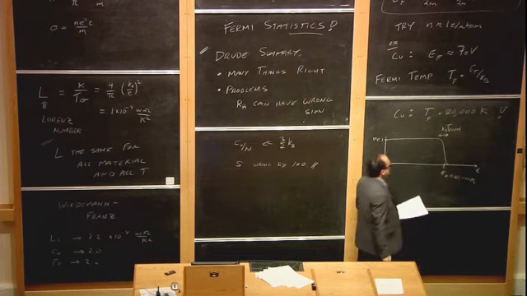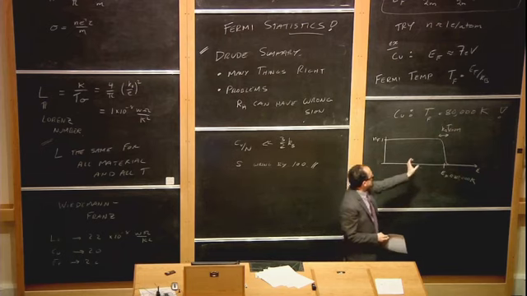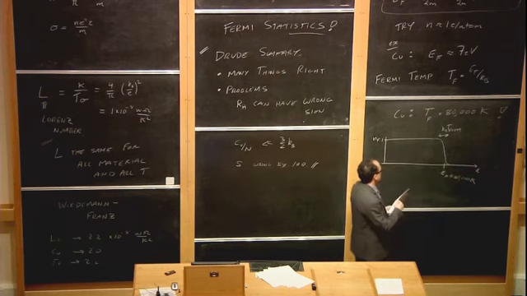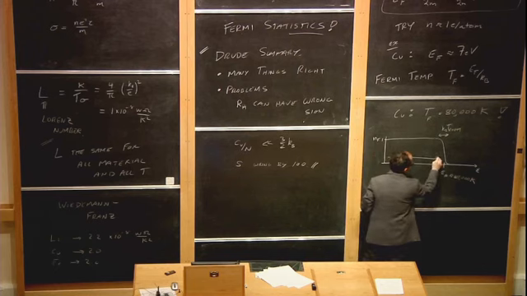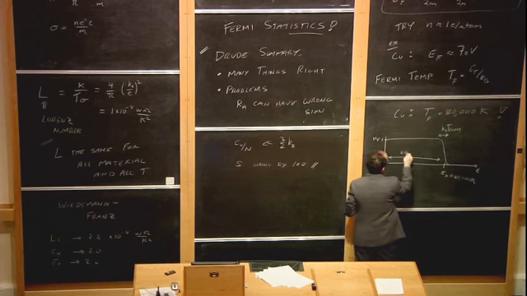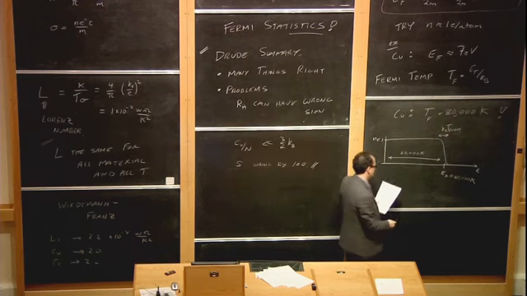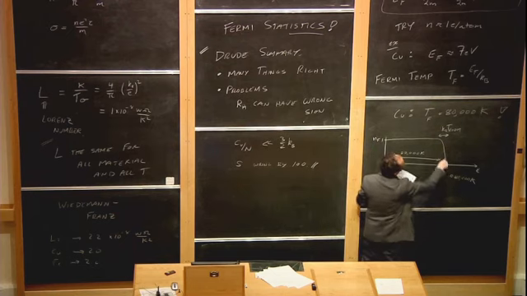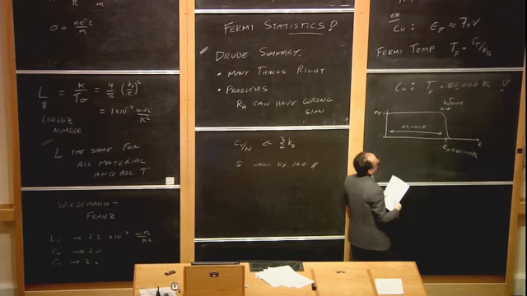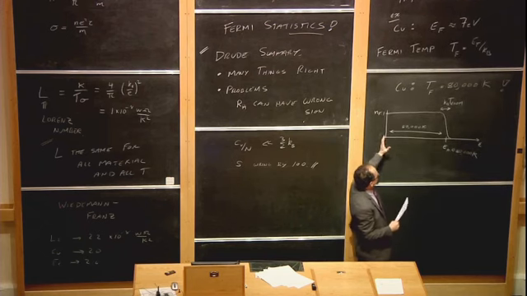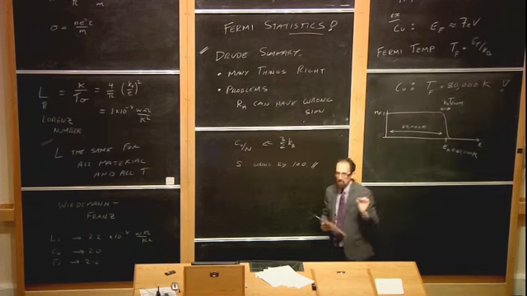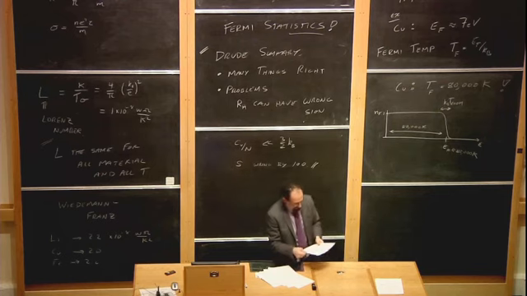It's even more exaggerated than I've drawn. It's an even narrower little drop than I've drawn, because this distance here as a temperature is 80,000 Kelvin versus room temperature, which is 300 Kelvin. So the distance over which the Fermi function drops from 1 to 0 is a very, very narrow sliver at the top of the Fermi surface.